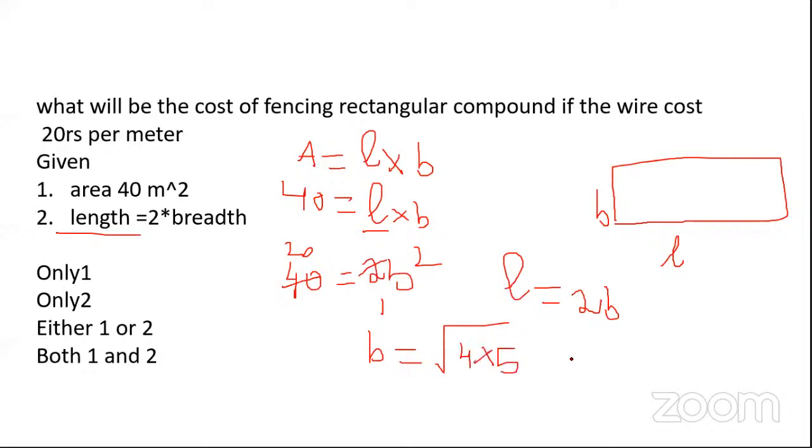On further simplification, root 4 is 2, so 2 root 5. So I got the B value. So obviously I'm using both 1 and 2. Correct. So with the help of the second statement only, I can proceed with the first statement. So it is clear that both 1 and 2 are required. Okay, understood? So have a glance. If it is understood, give me a thumbs up, students.